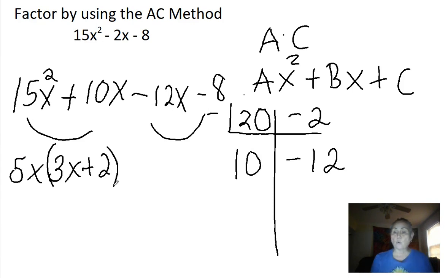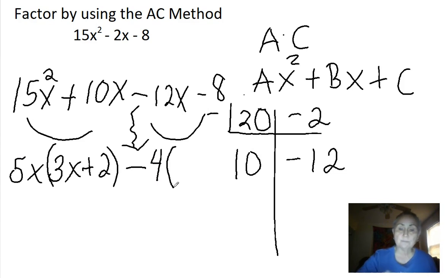Now, no matter what I do, the next thing I need to do is drop this sign down. It has to come down. That's the sign between your greatest common factor factorizations. Then you look at 12 and 8, and you see that they have a 4 in common. Now be careful. That's technically now a negative or a minus 4.